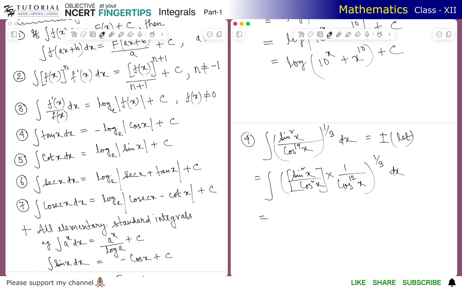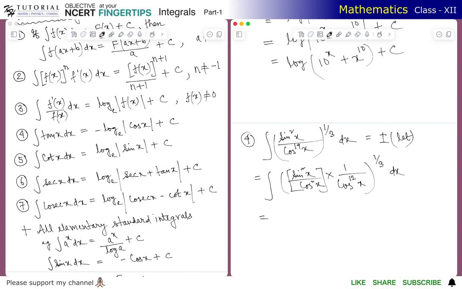Sorry, my microphone just fell off. Okay, now (cos x to the power 12) whole to the power 1 by 3, we can reduce that to cos x to the power 4.